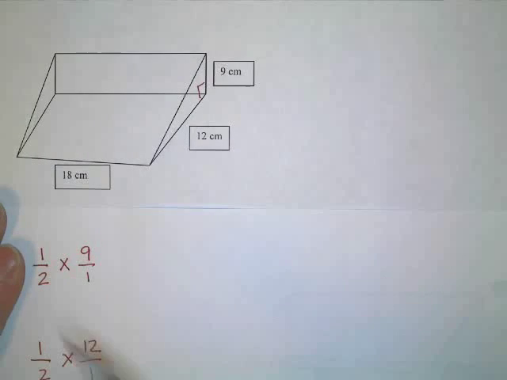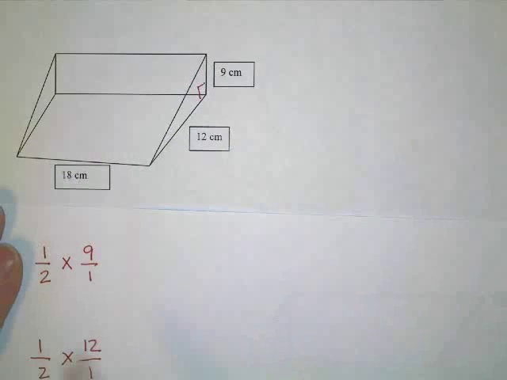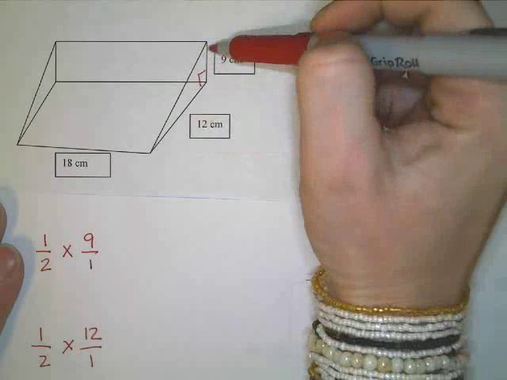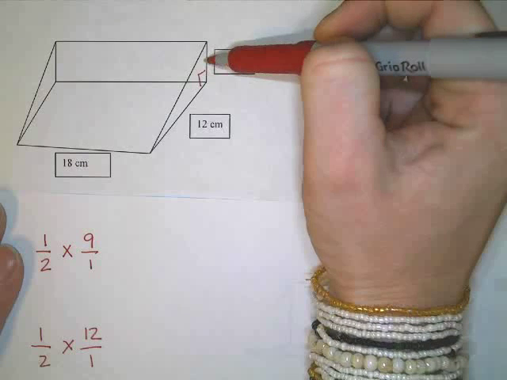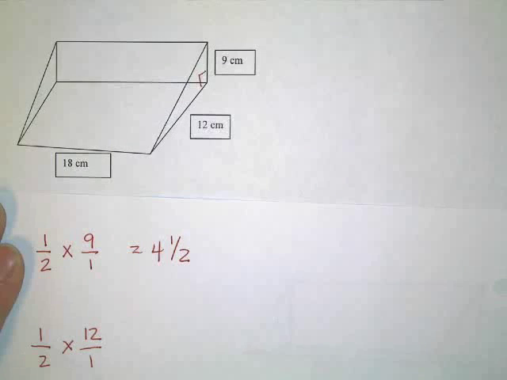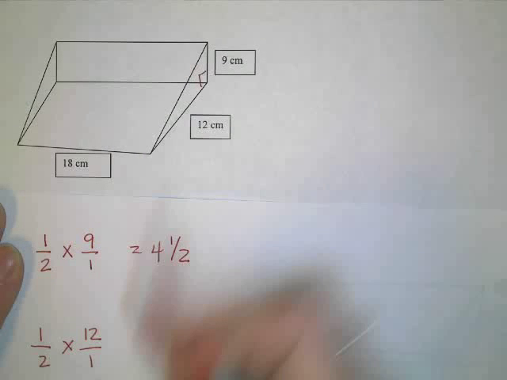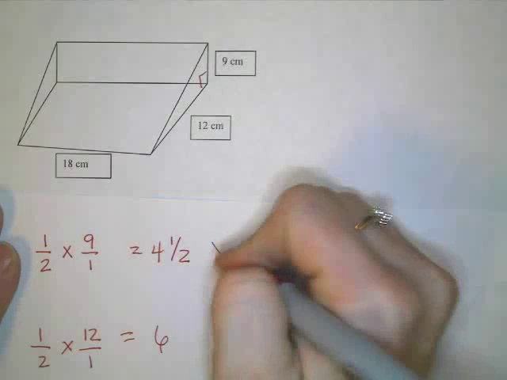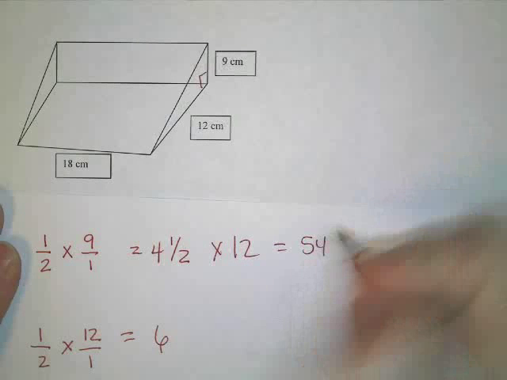So, really kind of cool on this one is either way, if you call this your base, you come up with 4.5. If you call this your base, you come up with 6, right? Yeah. 4.5 times 12 is 54.